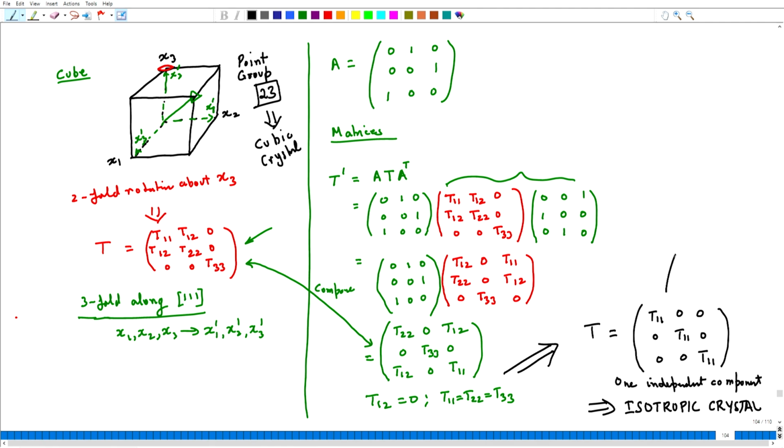So, this tensor represents cubic crystal system. So, cubic crystal systems are isotropic with respect to second rank property tensors, and a prime example for that would be, let us say, electrical conductivity.